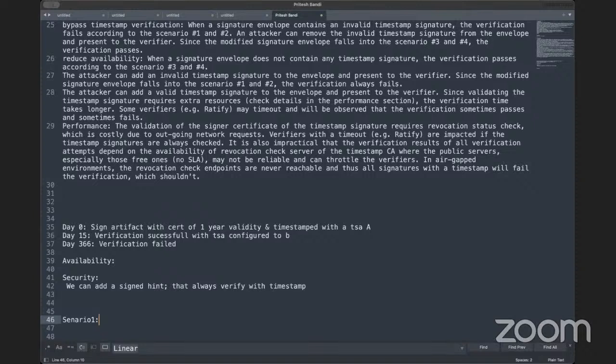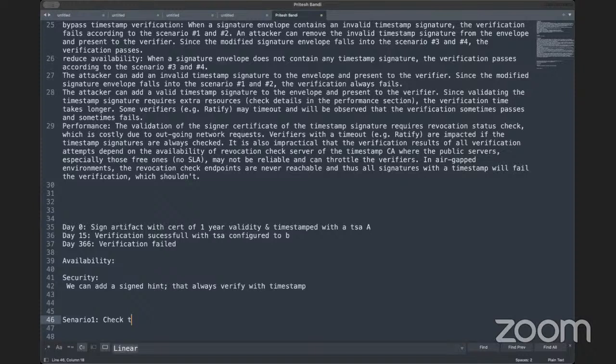It can be, for example, that TSA A serves longer, but TSA B might be shut down in a very short time. So basically their lifetimes are different. It's not totally equivalent. Yes, but the scenario applies to both. The security issue which it called out applies to both scenarios.